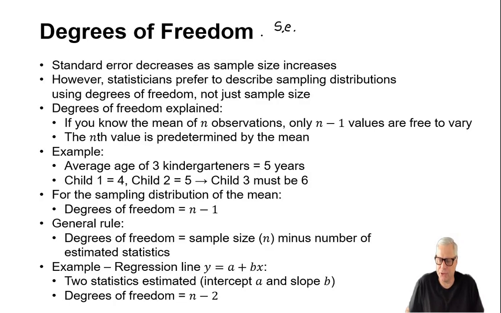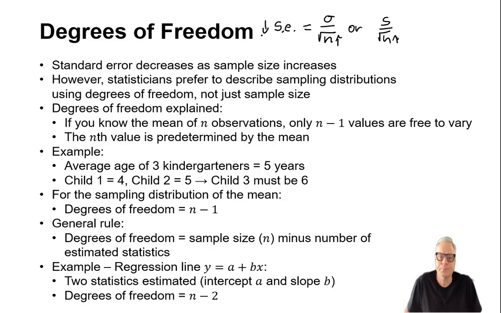So the standard error, which is the standard deviation of the sampling distribution, is either the population standard deviation sigma over the square root of n, or the sample standard deviation over the square root of n. Regardless of what we use, obviously if n goes up, then the standard error goes down.